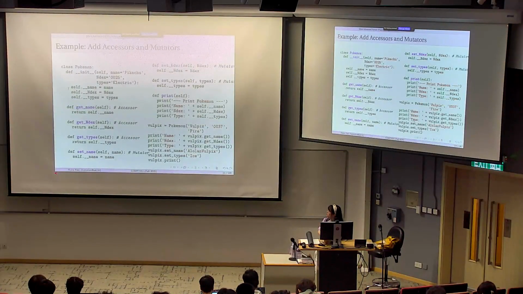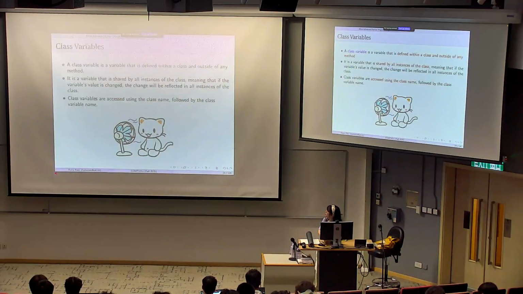For example, just look at it. This is an instance variable, self.double_name. The instance variable must be defined within the constructor. The constructor itself is a method of the class. But for a class variable, it must be defined outside of any method, but still inside the class. It is a variable that is shared by all instances of the class, or we can say all objects of this class you have created.